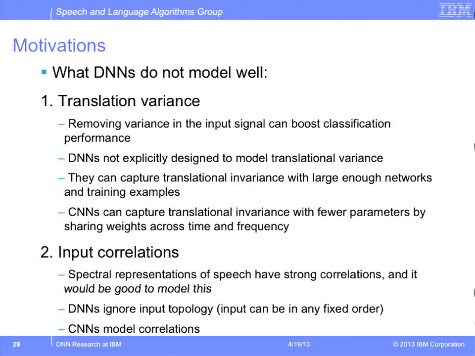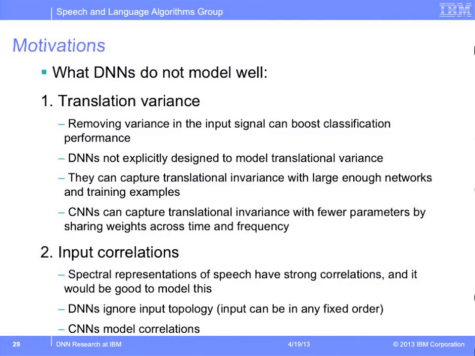So we know DNNs are very powerful, but one thing they don't really model well is translational variance. It's very obvious that removing any variance in the input signal is going to improve classification performance. We've been doing this for years with speaker adaptation and noise robustness techniques.